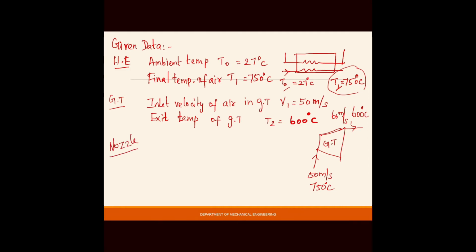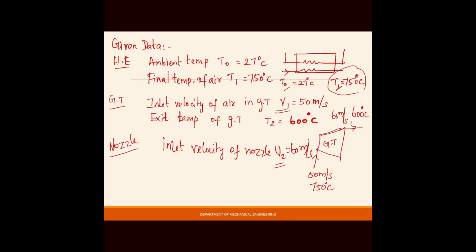In the nozzle, the inlet velocity of the nozzle, V2, is 60 meters per second, because we already denoted the inlet velocity of air in the gas turbine by V1, so here it is V2.